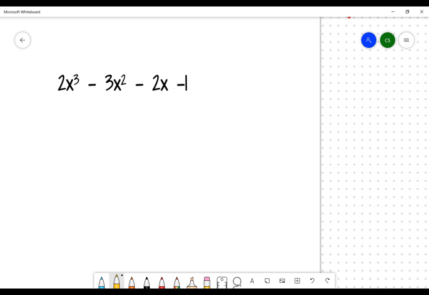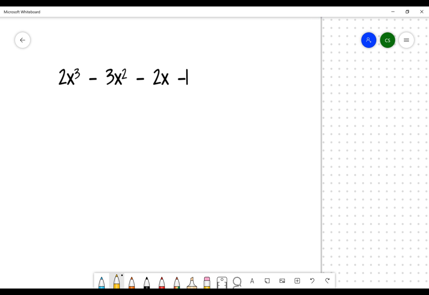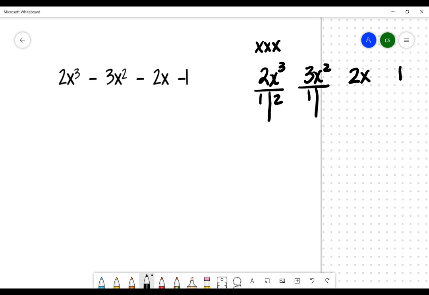All right, 2x cubed minus 3x squared minus 2x minus 1. Do they all share a common factor? So 2x cubed, 3x squared, 2x, and 1. So 1 and 2 with 3 x's, 1 and 3 with 2 x's, 1 and 2 with 1 x, and just 1.